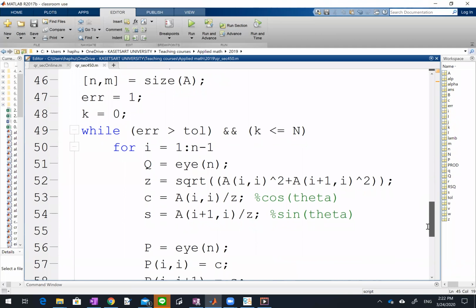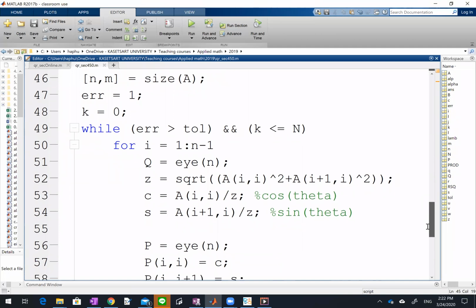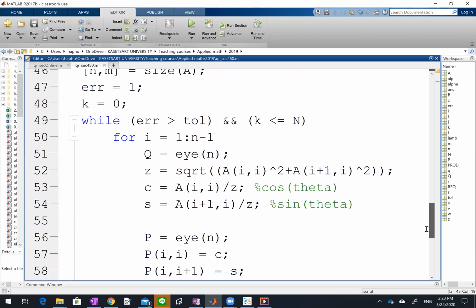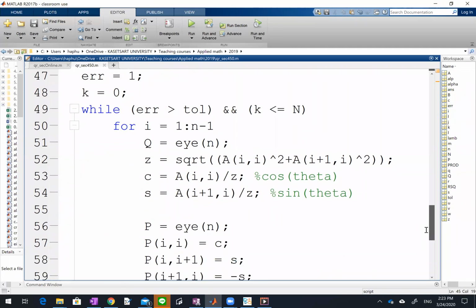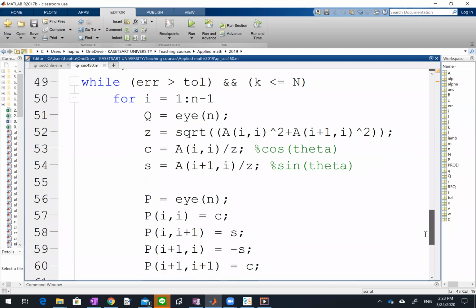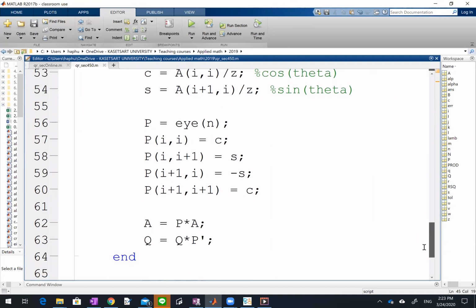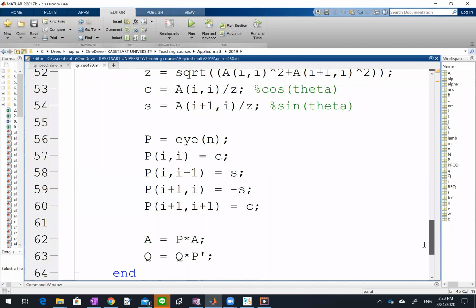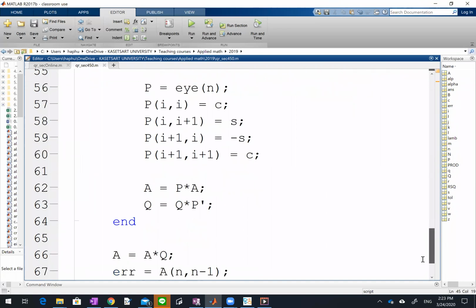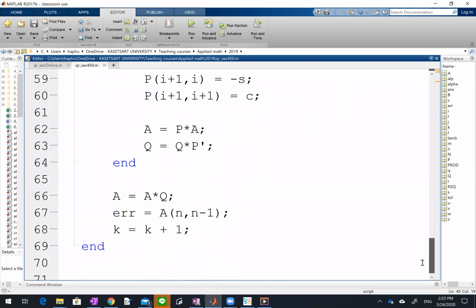While the error term is greater than the tolerance and K is less than or equal to N, then I just keep running it. I from 1 to N minus 1, so I just do one round. This is my R and my Q. After I get my Q, A is R times Q.